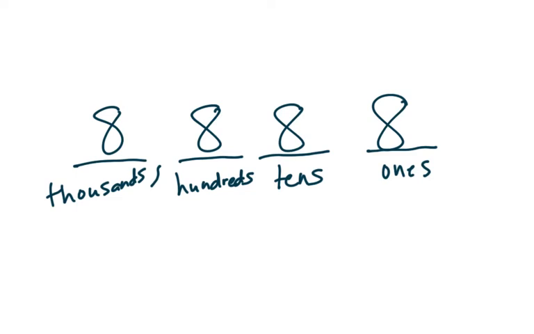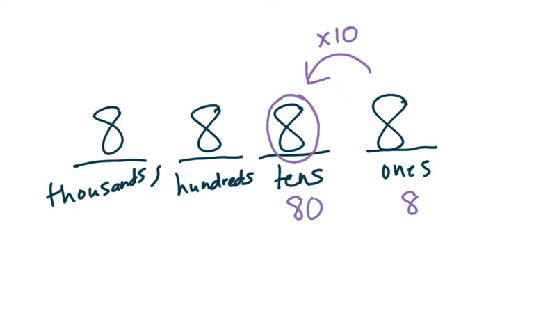When I take a look at a whole number, the number 8,888, as I move to the left, this 8 is 10 times greater. This one is worth 8. This one was worth 80. If I move to the left again, it's 10 times greater. This one is worth 800.